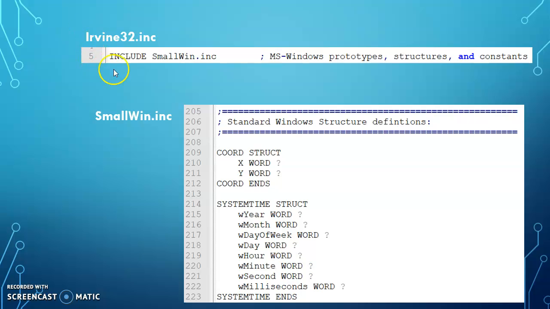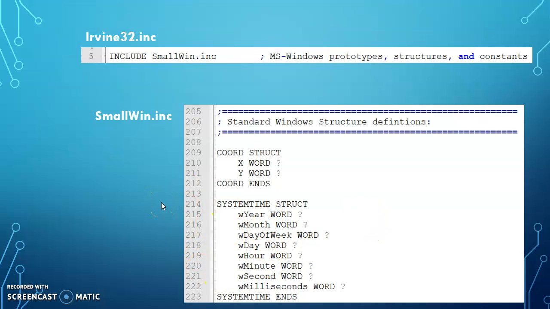One of the include files it has is SmallWin.inc. Inside SmallWin.inc are a series of structures which are reviewed in Chapter 10, and one structure has to do with a coordinate. When we're talking about the screen, it would represent the row and the column where what's going on to the screen would be. And if we're dealing with the current date and time, we actually have a structure for the system time.